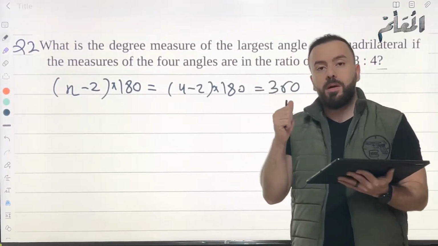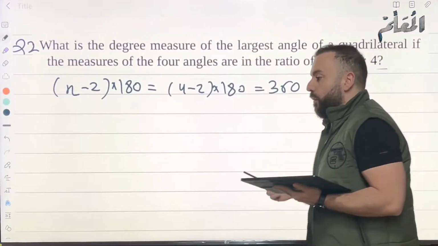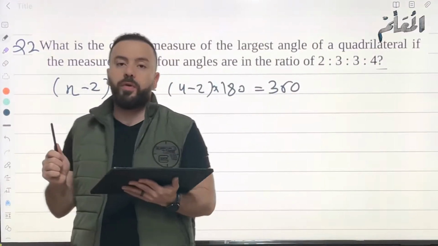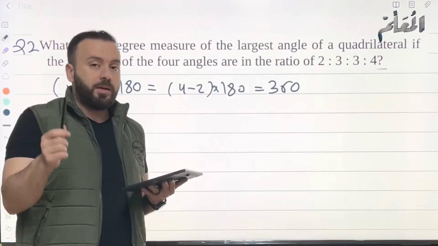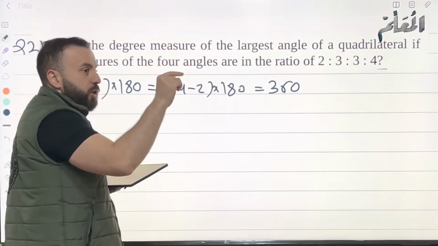And remember, in the first question I told you, if I want to solve a question which involves ratios in my calculations, I need to consider the algebra way.